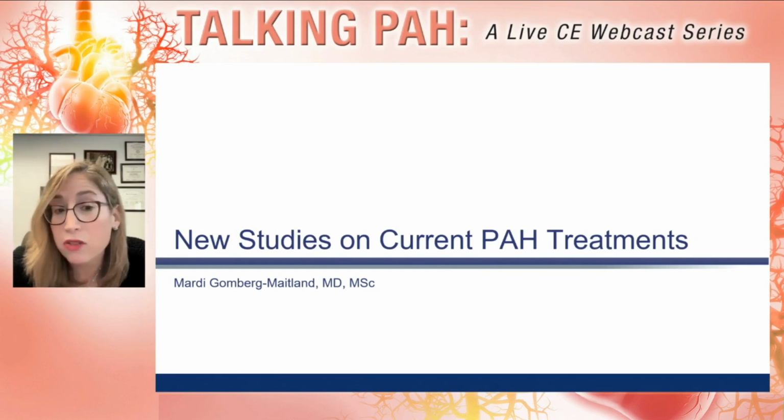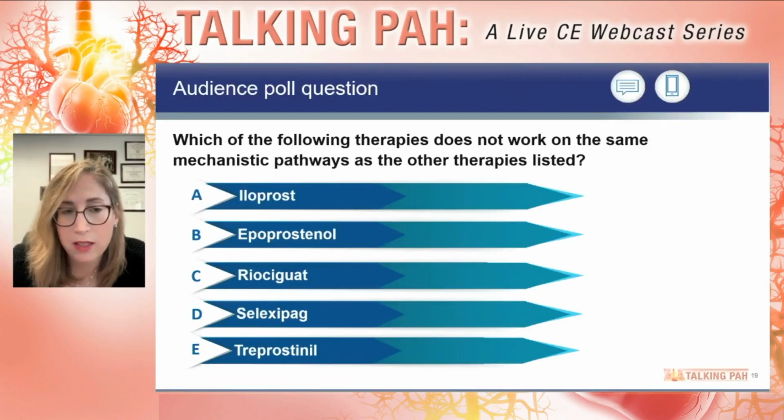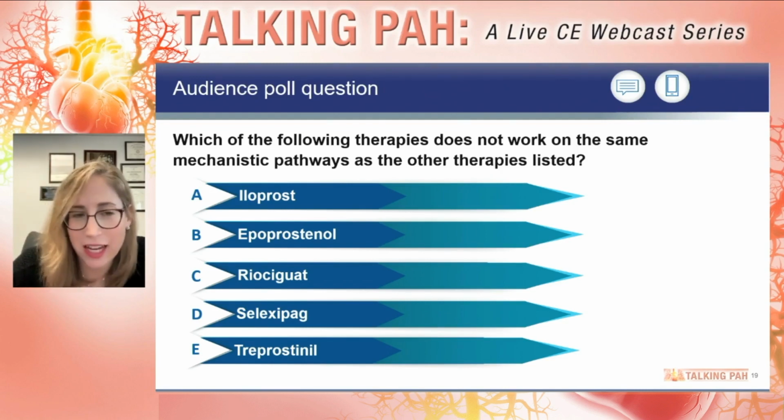So moving on to new studies on current PAH treatments. Another question: which of the following therapies does not work on the same mechanistic pathways as the other therapies listed? A, iloprost, B, epoprostenol, C, riociguat, D, selexipag, and E, treprostinil. Yes, riociguat.